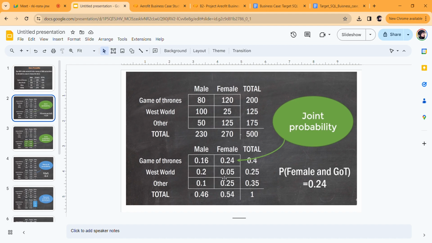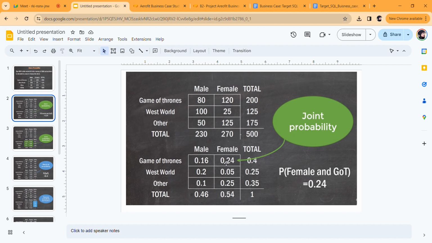How do we read this joint probability? It is the probability of female and GOT, that is Game of Thrones. Two things you have to consider: female and Game of Thrones. Joint probability is something when two conditions are applied.